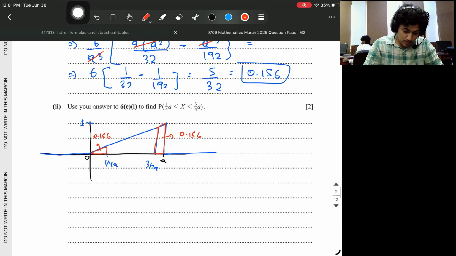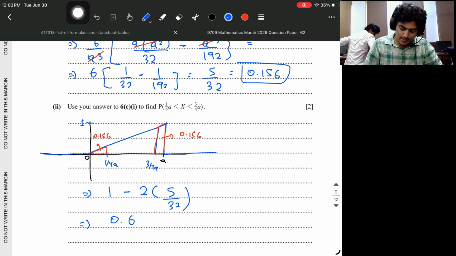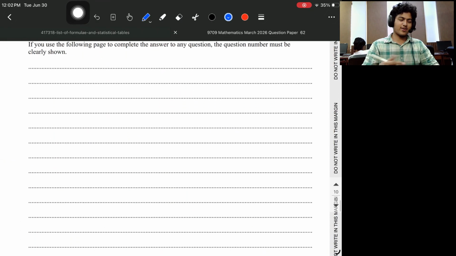So if we need to find the area in between, we just need to do 1, which is the total area, minus 2 times 0.156, or rather I should use the exact value, which is 5 upon 32. Let's plug this in the calculator and see what value we are getting. The exact value is 0.6875, or correct to 3 significant figures, 0.688. All right, and that is the end of the paper.